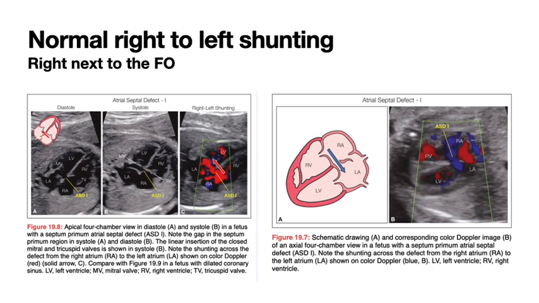The blood coming back from the IVC is pointed right at that hole and it shoots right across. So the normal thing is shunting right to left. If you have a primum defect, it is also the same, right to left. It just happens to be right next to the foramen ovale. So here are some pictures of a primum defect, and then there's some blood flow through that, and it is going from right to left.